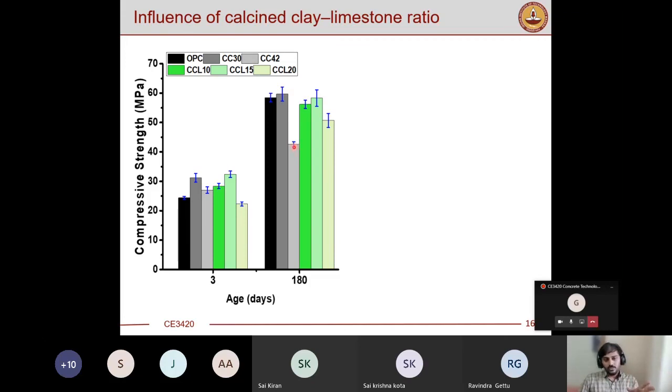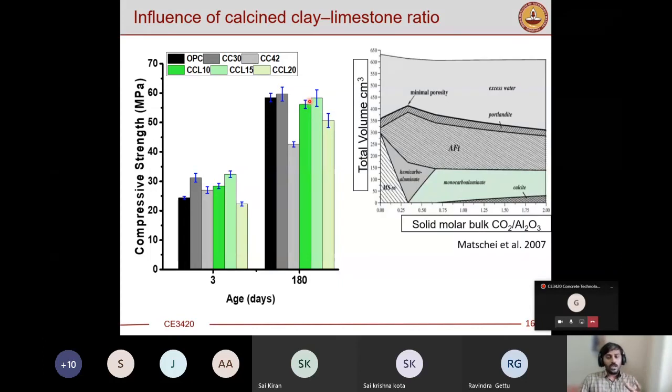Now, when you replace some of this calcined clay amount in this 42% calcined clay mixture with limestone, because limestone does not require calcium hydroxide to react, it's going to produce other benefits. You can increase your strength, which is similar to your OPC or even equivalent to your 30% calcined clay system. So by going for this combination, we are able to extend the benefit, right? Why does this happen?